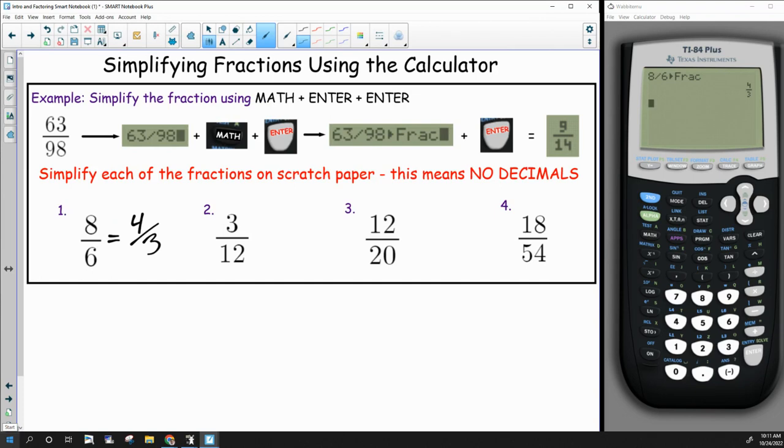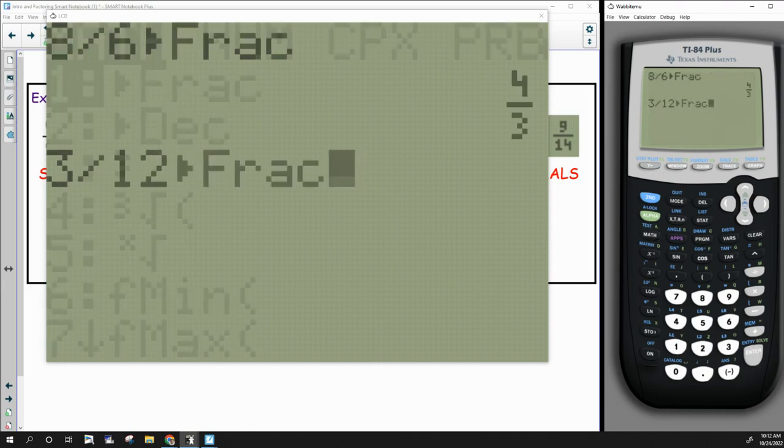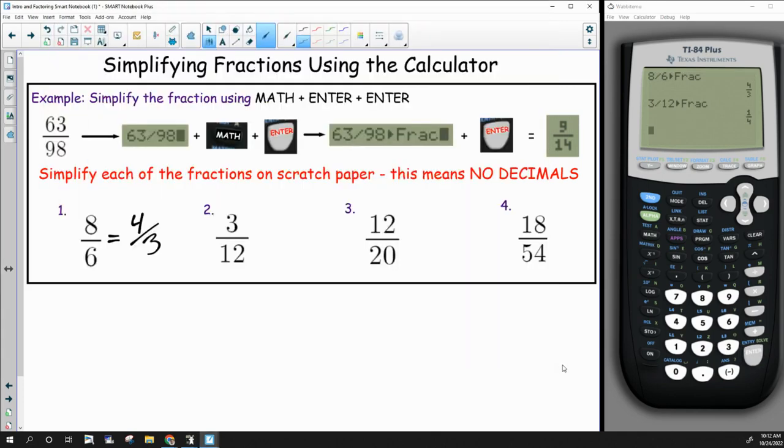Okay, I'll do one more with you, and then I think you guys got it. 3 over 12. 3 divided by 12. Math, enter, enter. And we get 1/4.